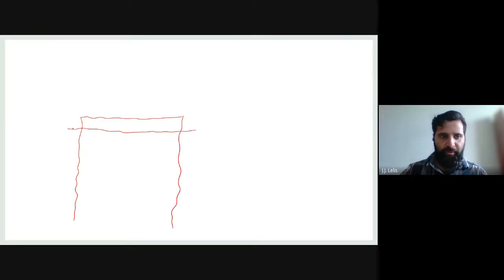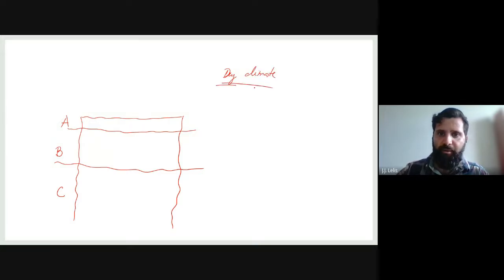So there's the soil, and here we have the A horizon, the B horizon, the C horizon, okay? And you have a dry climate. You have dry conditions. You have a kind of vegetation that is just a shrub or a basalt.